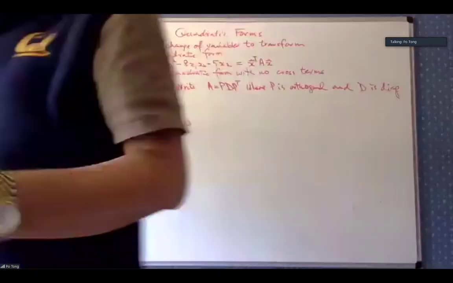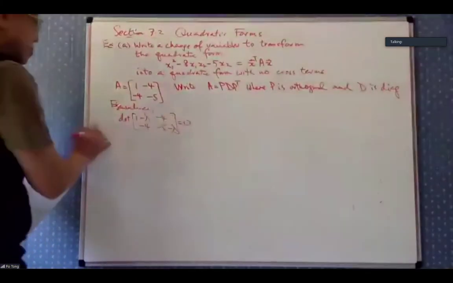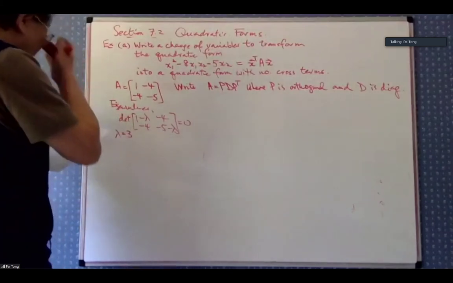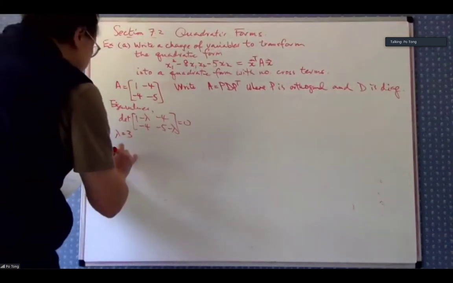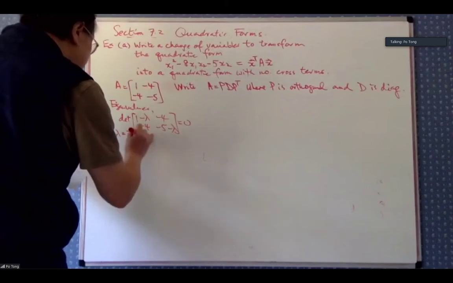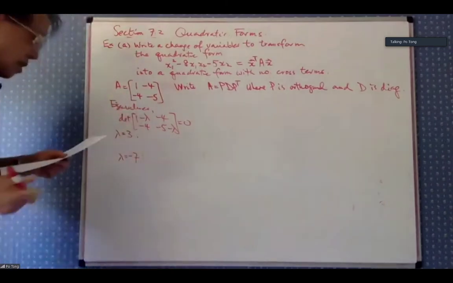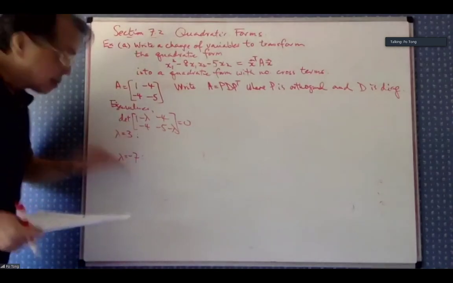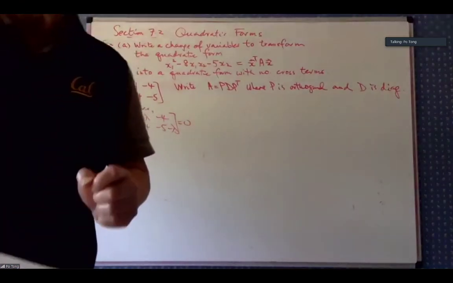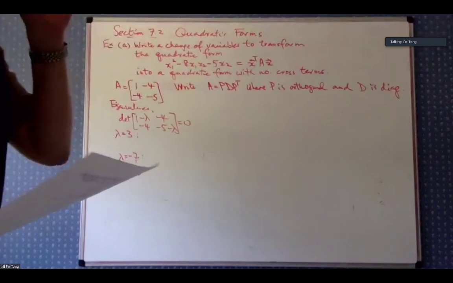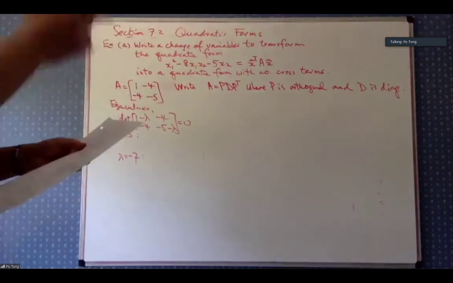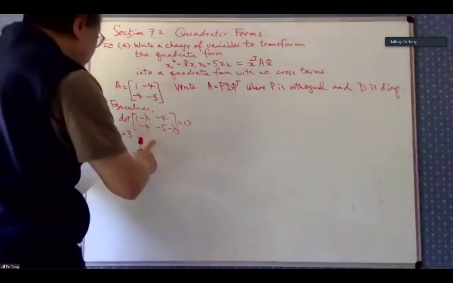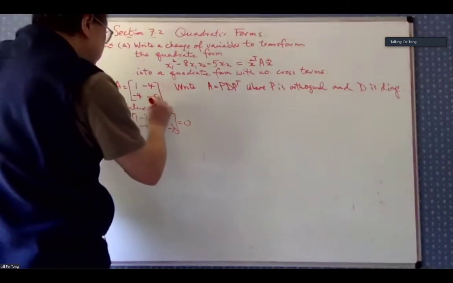So we have lambda equal to 3, and lambda equal to -7. Those two are different, so it's guaranteed that the eigenvectors are going to be orthogonal.